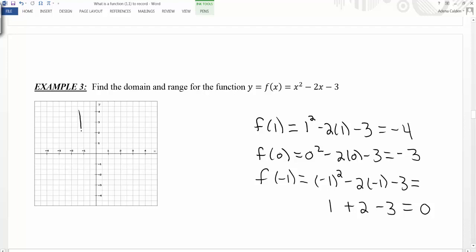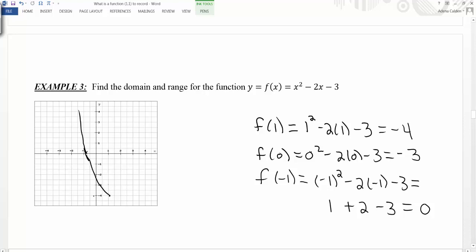And it's going to come down like this. It's going to come down through negative 1, right? Because I said negative 1 has a value of 0. And then it's going to come down and turn around right about here. So I know at 1 I should have a value of negative 4.